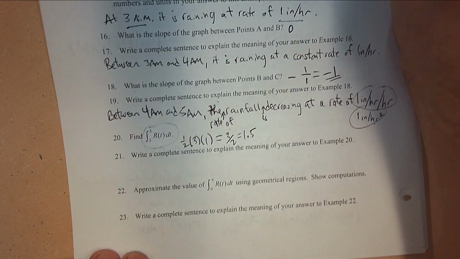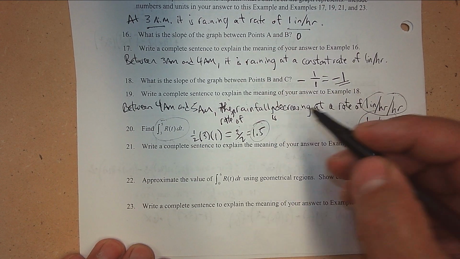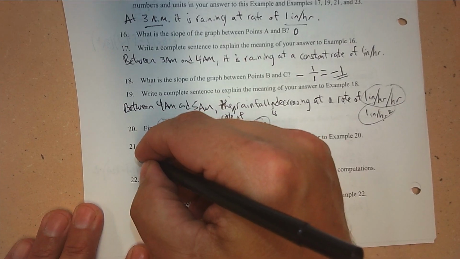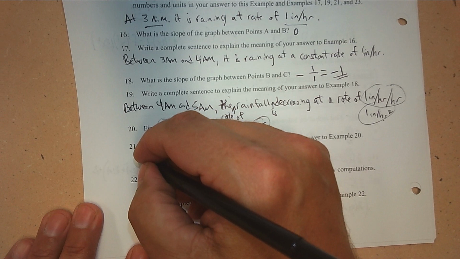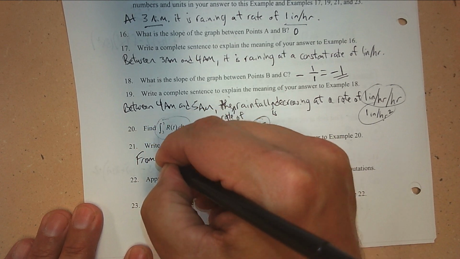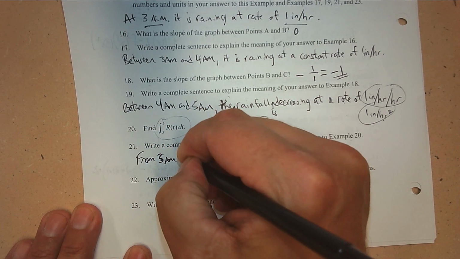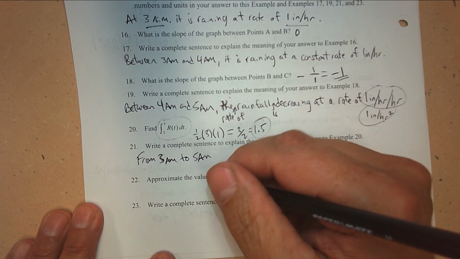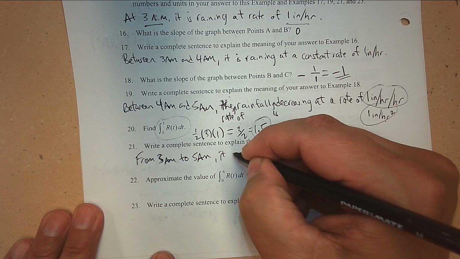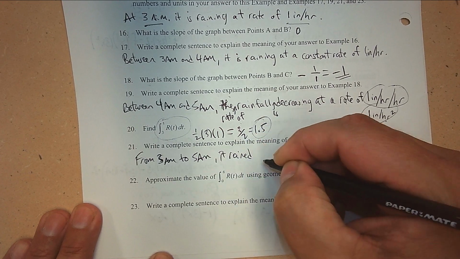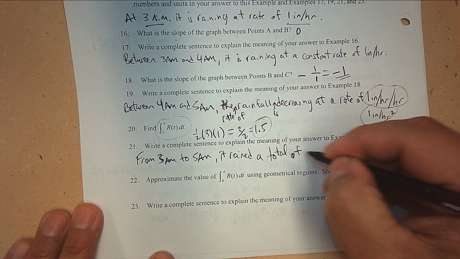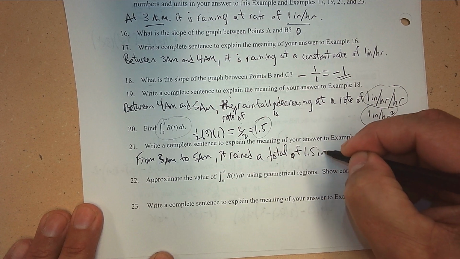Write a complete sentence. Explain what that means. What did you just find? So what's the time from 3 to 5? So from 3 a.m. to 5 a.m. it rained a total of 1.5 inches.